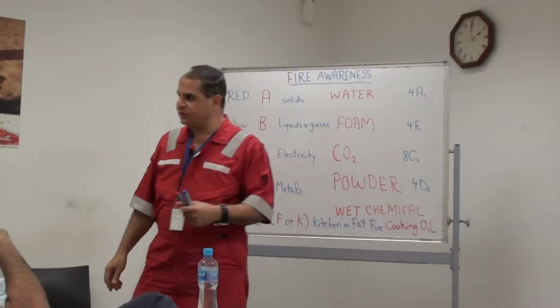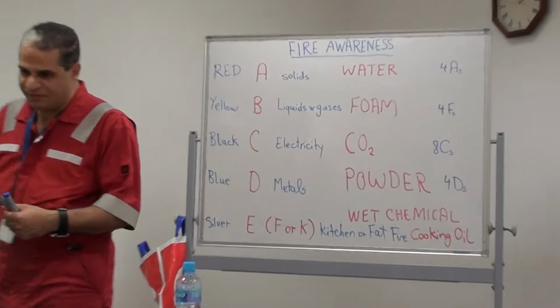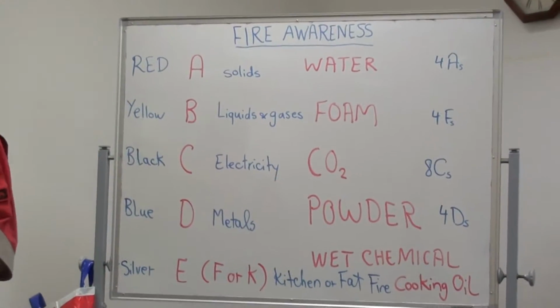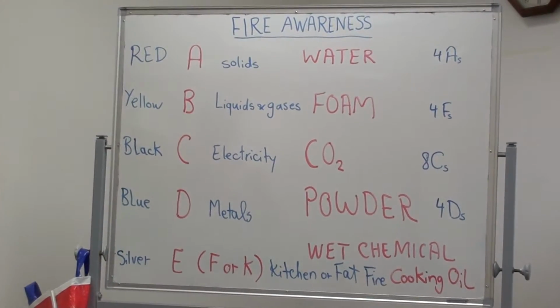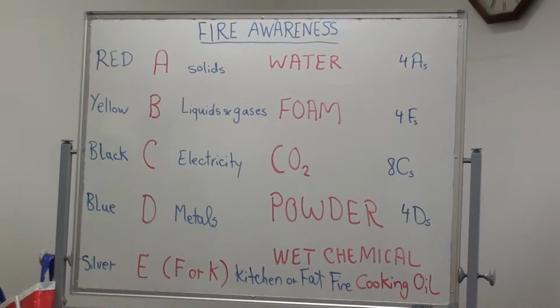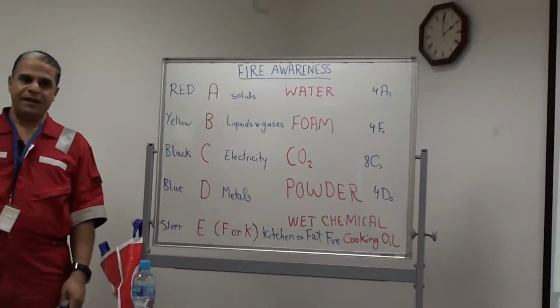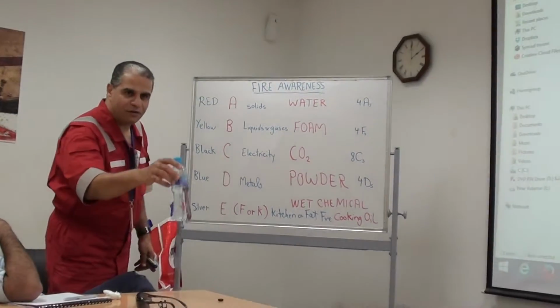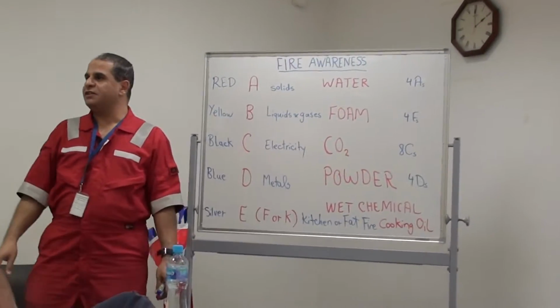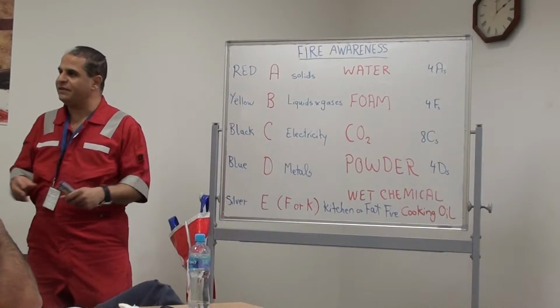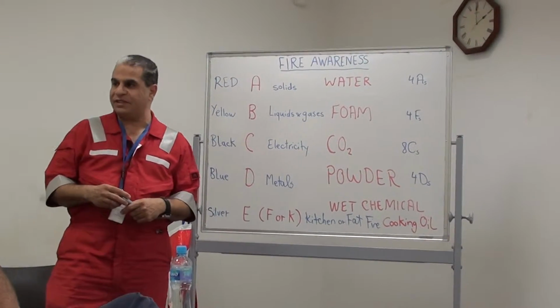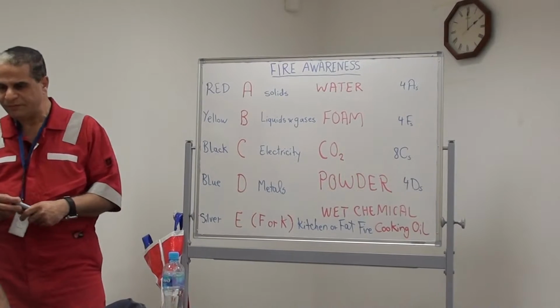You are giving the water 4 times the kinetic energy that is required to convert water from the liquid state to the gaseous state, the steam. So each liter of water will be converted into 1,700 liters of steam.